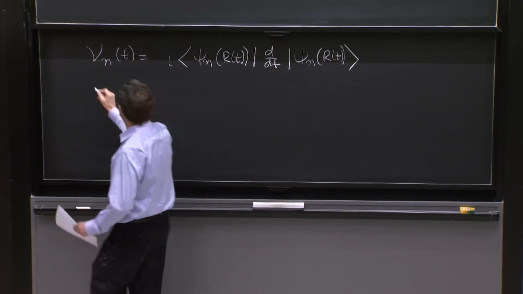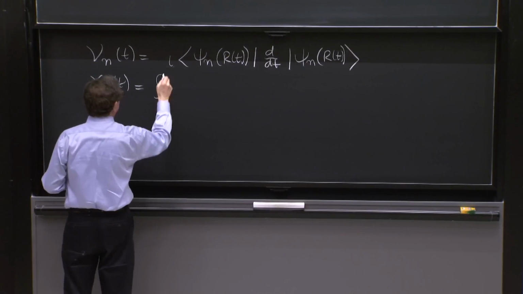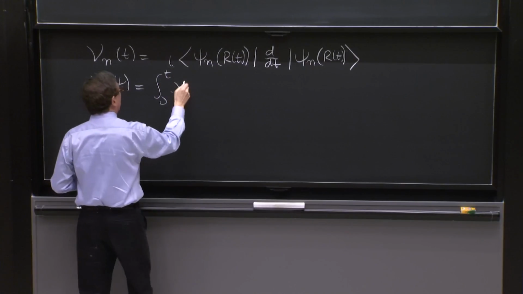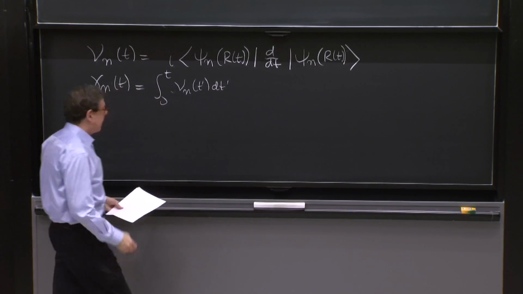And then, of course, the gamma n of t will be just the integral from 0 to t of nu n of t prime dt prime. So that's the next step.